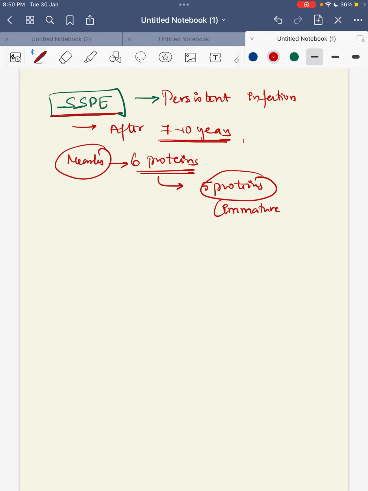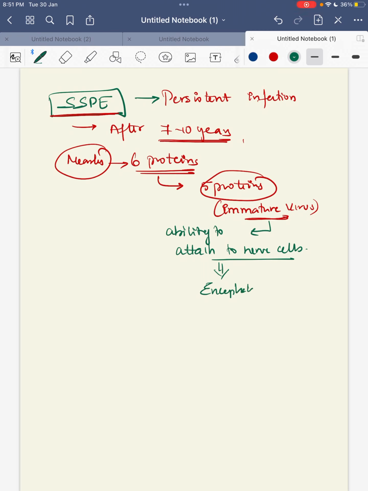So it will be called an immature virus, and this immature product has the ability to attach to the nerve cells present in the brain, leading to encephalitis.